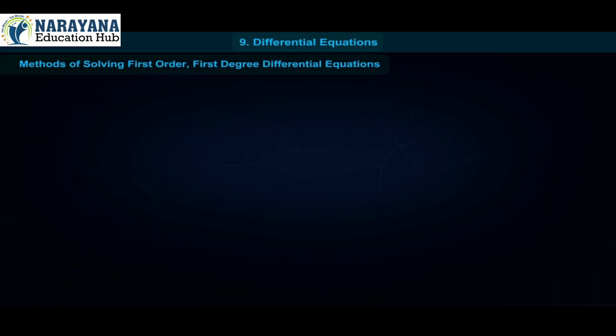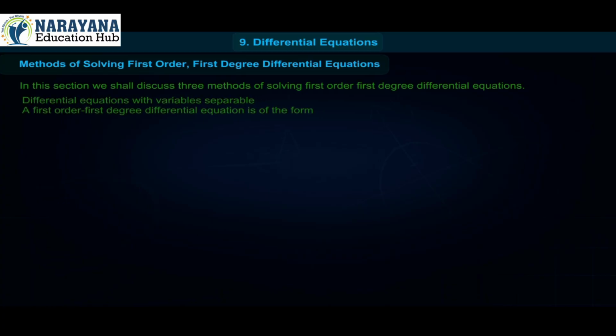Methods of solving first order first degree differential equations. In this section, we shall discuss 3 methods of solving first order first degree differential equations. Differential equations with variables separable. A first order first degree differential equation is of the form dy by dx is equal to f of x, y.